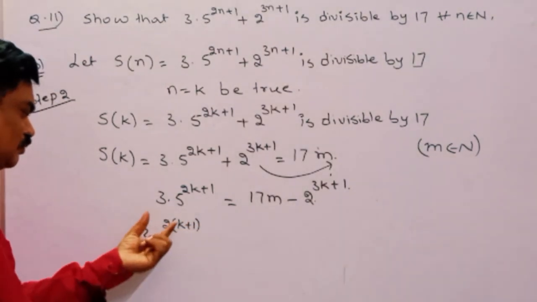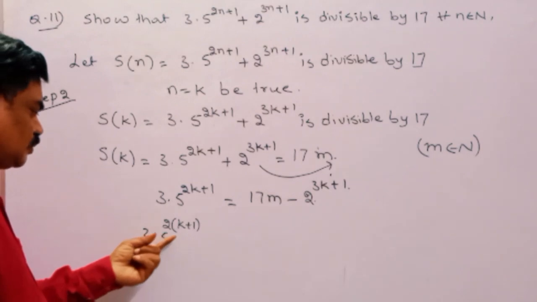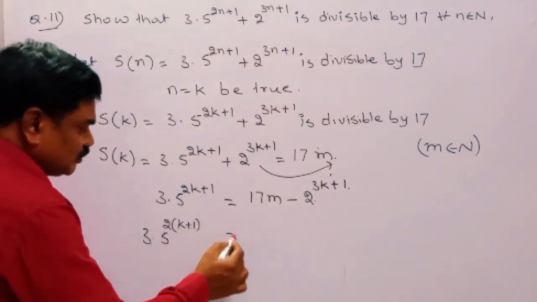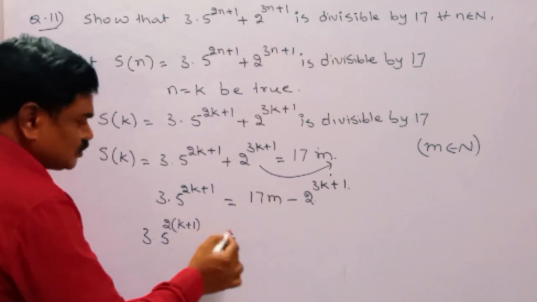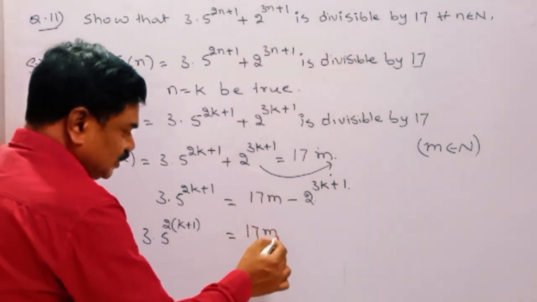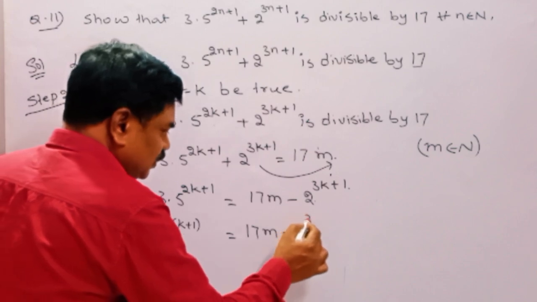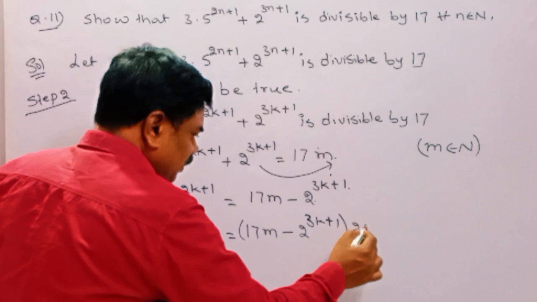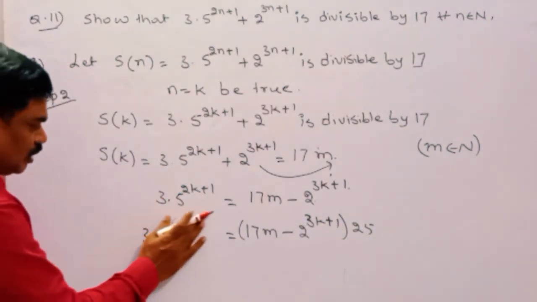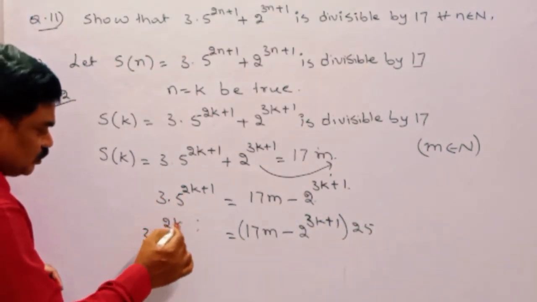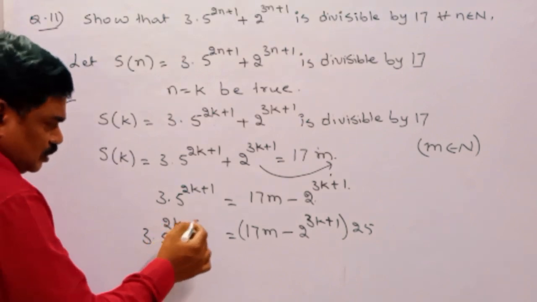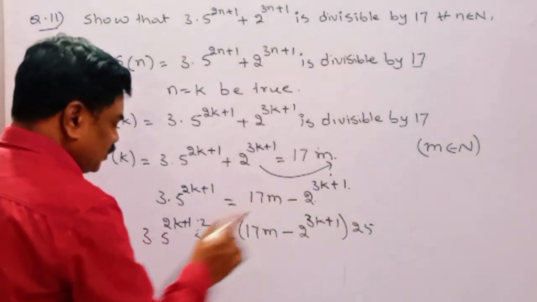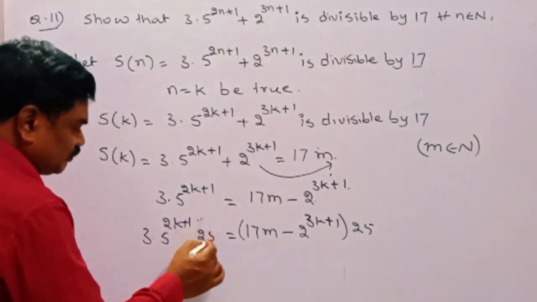Now you can multiply with 5 square on both sides: 17m minus 2 power 3k plus 1, into 25. 5 square is 25.